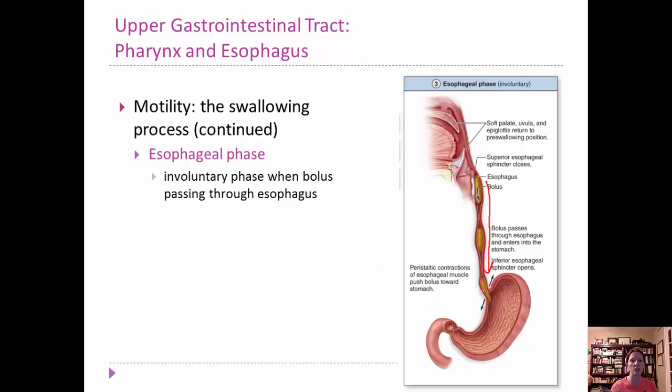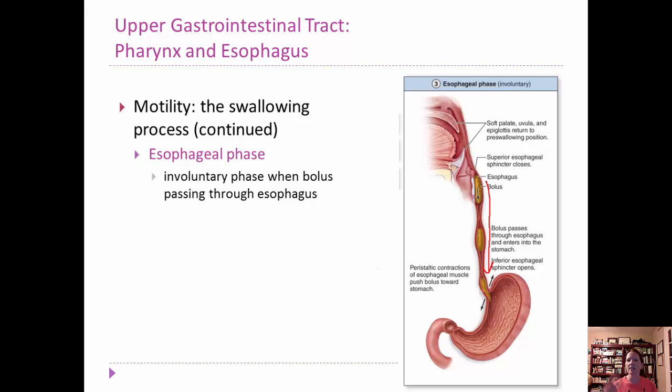Typically, it is always going to be closed, because it's making sure that gastric juice or hydrochloric acid isn't coming up into the esophagus. So as the bolus of food moves down, it gets the signal that it needs to open because there's food coming down. So it's going to open up, and then it is going to, of course, go into the stomach.